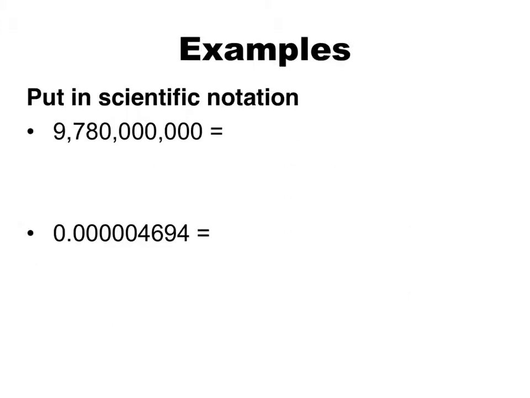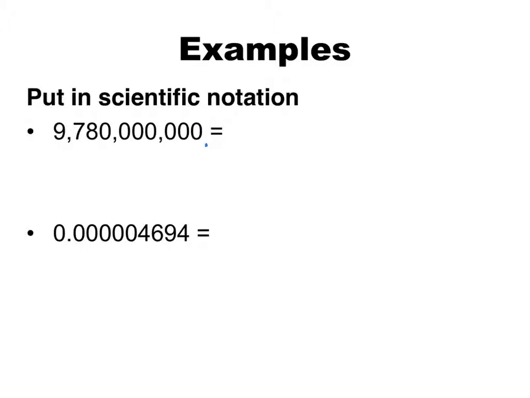Now let's do a couple of examples of putting really big or really small numbers in scientific notation. Here's a big number, 9,780,000,000. We want to write this number as a number between 1 and 10 times 10 raised to a power. The decimal point is here at the right.